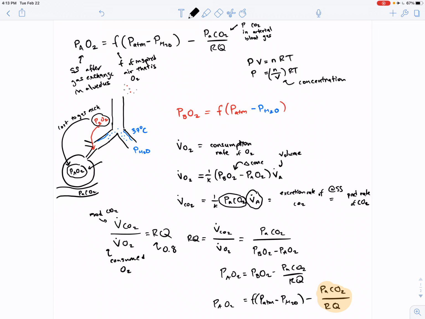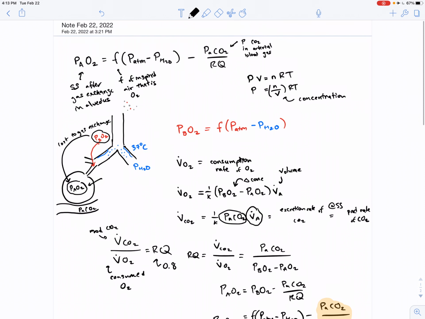But we can see that's not really reflected in our equation. Where is our ventilation rate? Where does hyperventilation come into this?